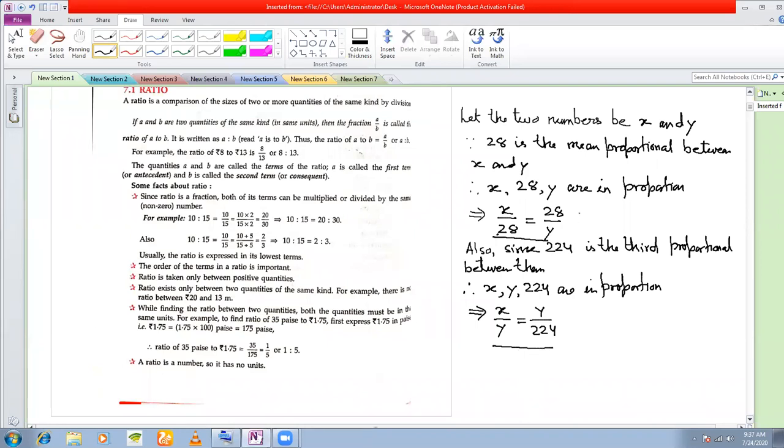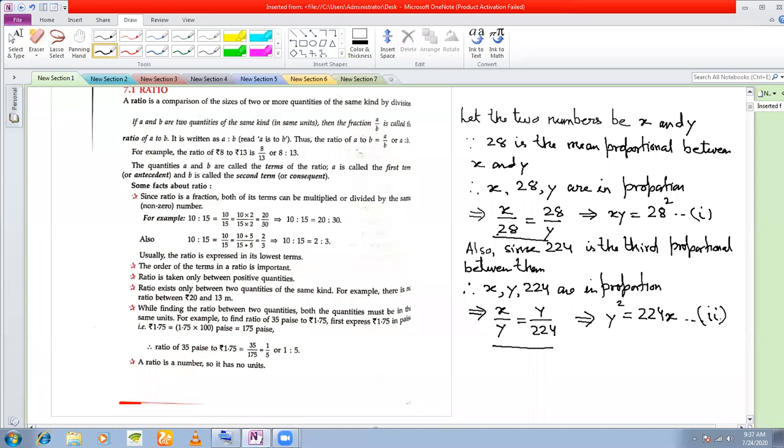From here we get xy is equal to 28 square, and from here we get y square is equal to 224x. Now we are going to solve these two equations: equation number 1, equation number 2.